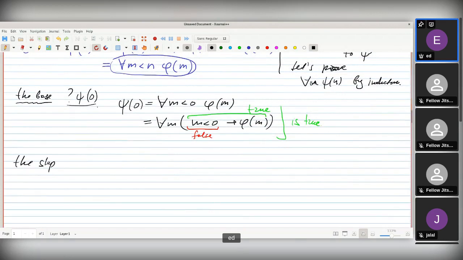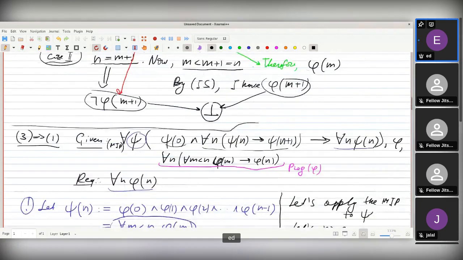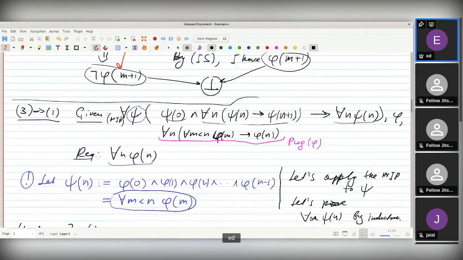Now we need the step. What is this step? I need to prove the following. For every n, if psi of n, then psi of n plus 1. So far, I haven't used the assumption that phi was progressive, but here I will need it. Okay, I am going to prove this thing, and then I will apply mathematical induction.